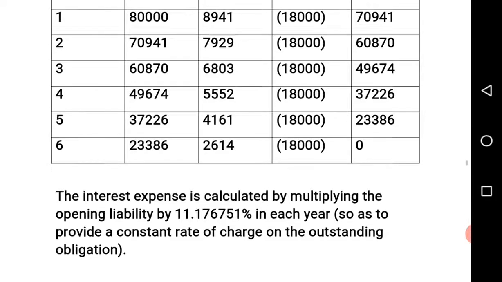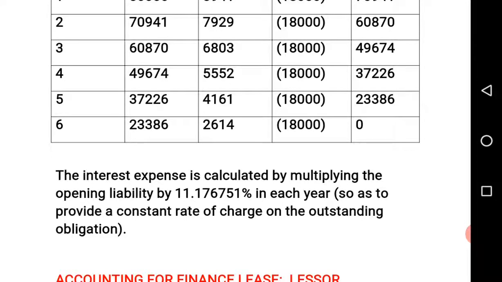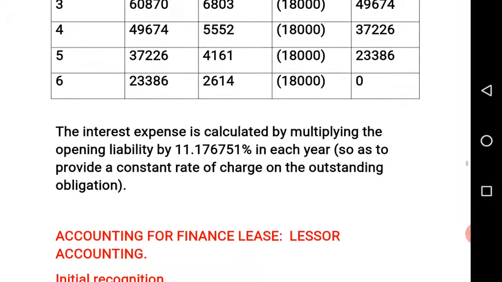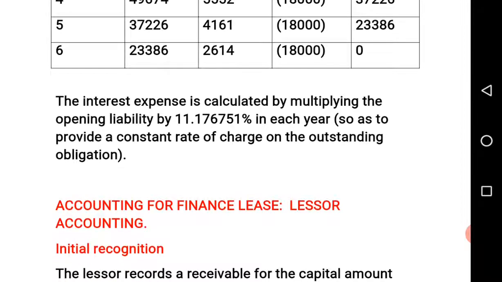The interest expense is calculated by multiplying the opening liability by 11.176751% in each year, so as to provide a constant rate of charge on outstanding obligation.